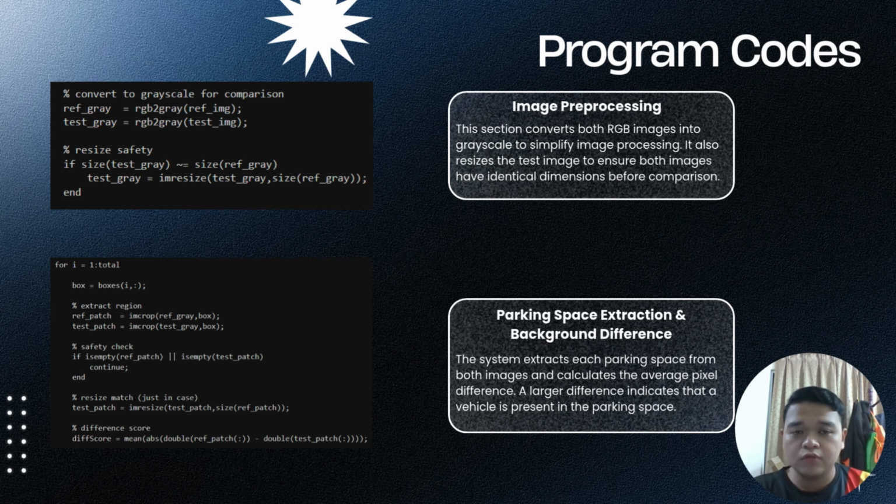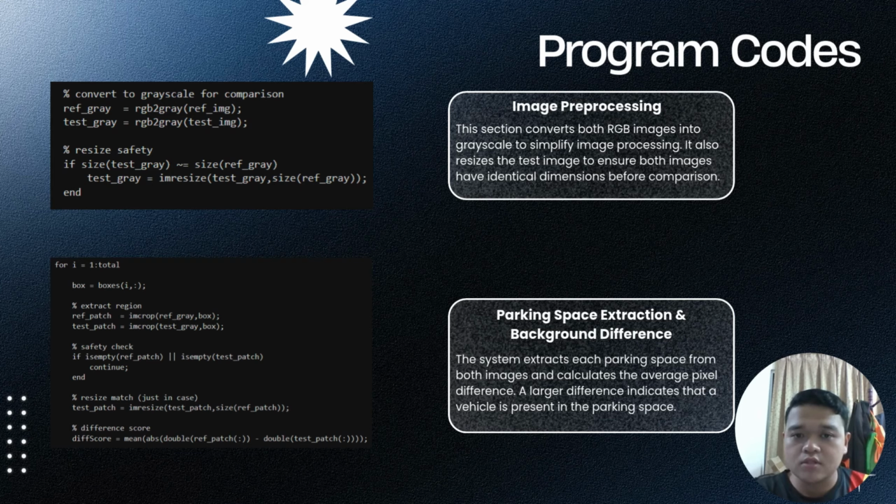Next, we move on to the program codes. There are several image processing techniques that we are using. First of all, pre-processing converts both RGB images into grayscale to simplify image processing.